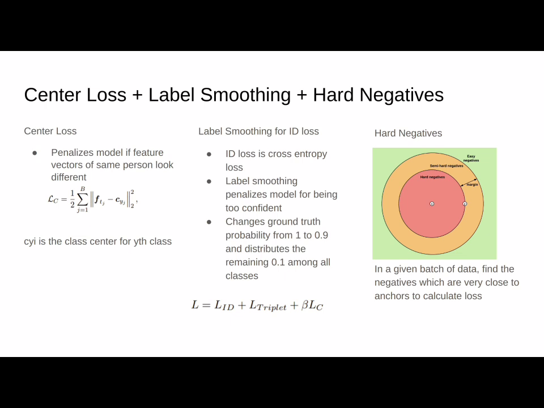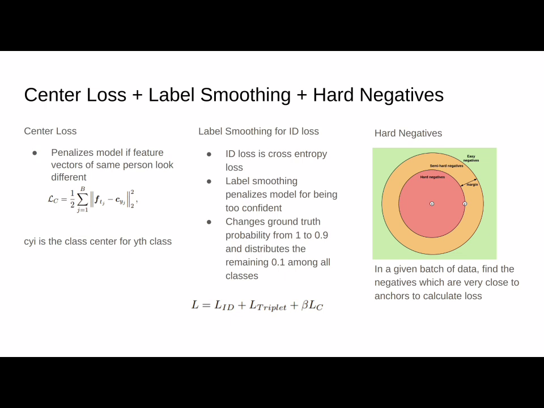However, if we have a case where the distance between the positive and the anchor is 1.3 and the distance between negative and anchor is 1.7, we still have the positive closer to the anchor by a given margin. However, the distance is more than the previous case. So even though the relative distance is less for the positive than for the negative, the absolute distance is still a bit high.